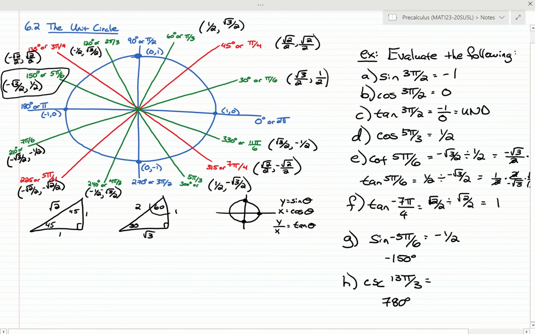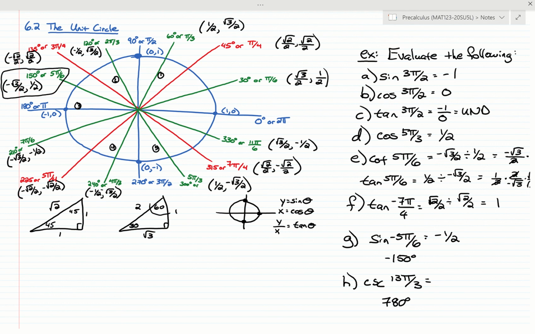All right, so let's see if we can figure this out. We'll go 1, plus 60, 2, 3, 4, 5. We're pretty much skipping every other 30 degrees.